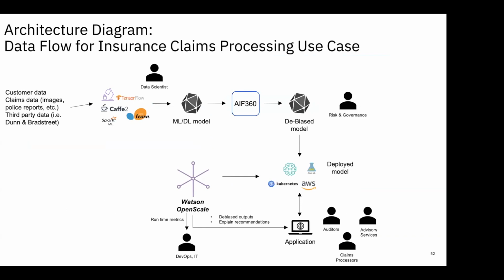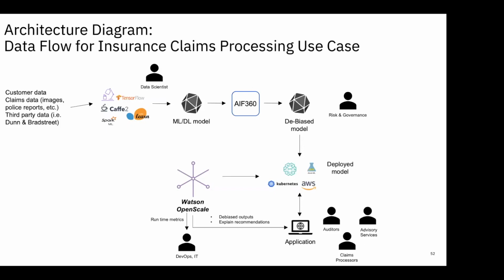And I just put this high-level architectural diagram to show you an end-to-end process of how AI Fairness 360 and OpenScale, or in general, a tool that is used to combat bias, can be used in the whole ecosystem. As you can see in the beginning of this architecture, the data scientists use some open source tools like scikit-learn, TensorFlow, Spark, and so on to build a model.